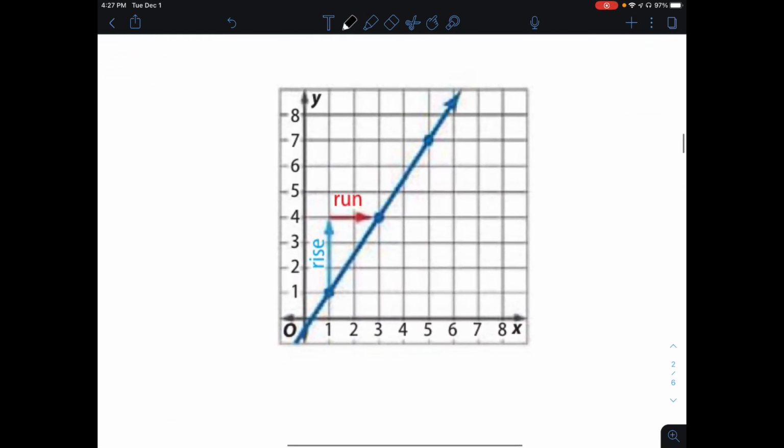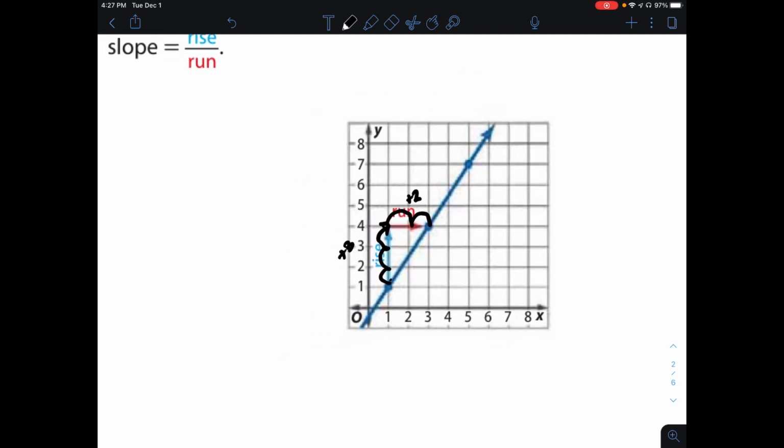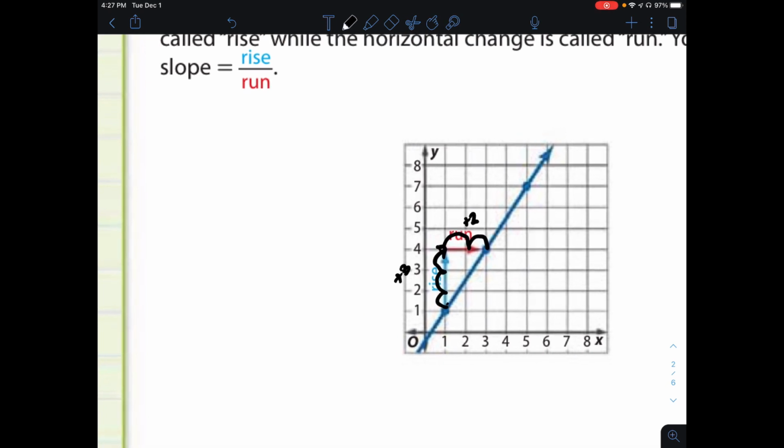So if you have your linear graph, such as that one, your rise is this, and if you notice, our rise would be 1, 2, 3, and our run would be 1, 2. So if I do rise over run, this is nothing more than 3 over 2. So the slope of this line is 3 over 2.